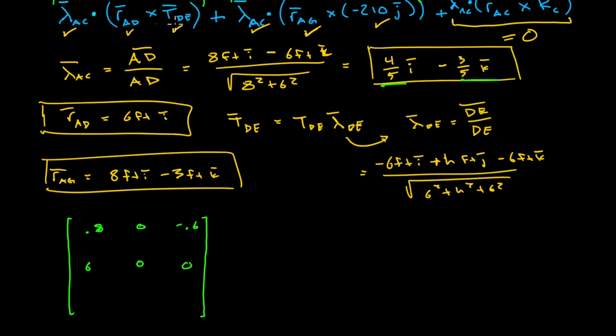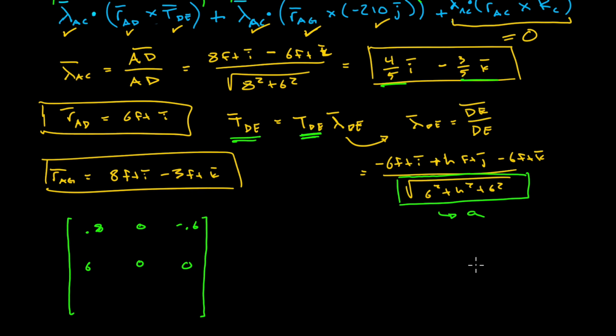The bottom row here is the vector TDE, which, as we found here, is the unknown magnitude TDE times the unit vector lambda DE. It's a little bit messy here, so I'm going to create a new variable. I'm going to call this entire square root term here A, just to keep things simple.